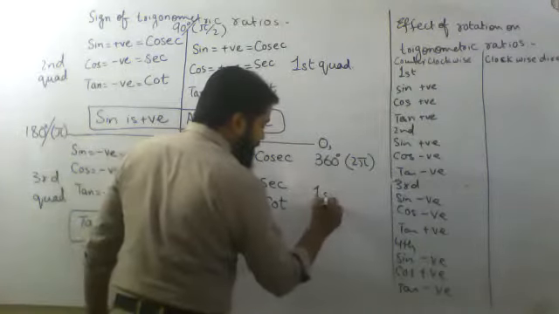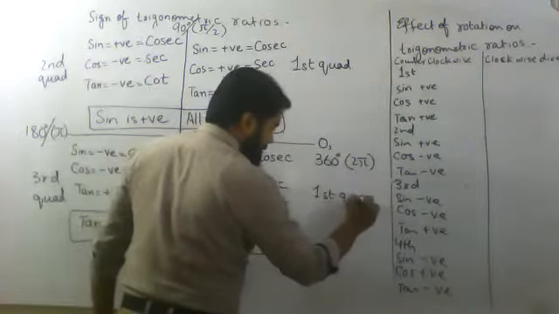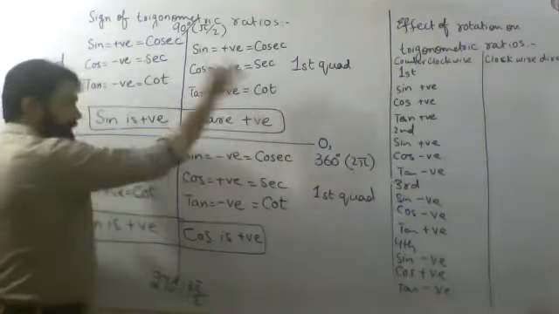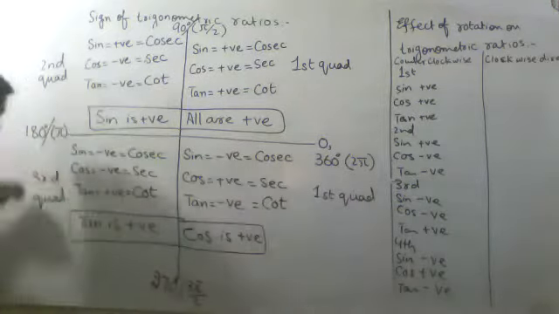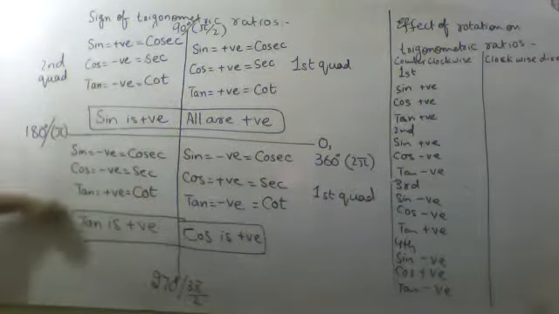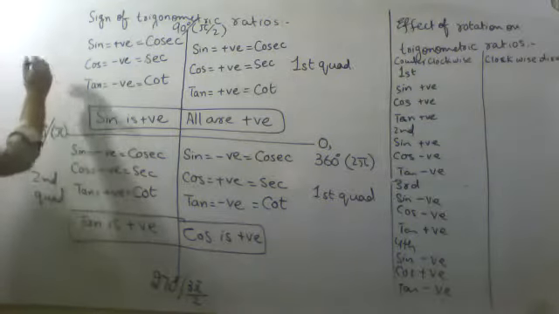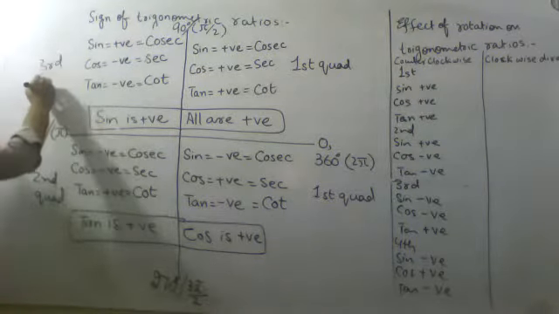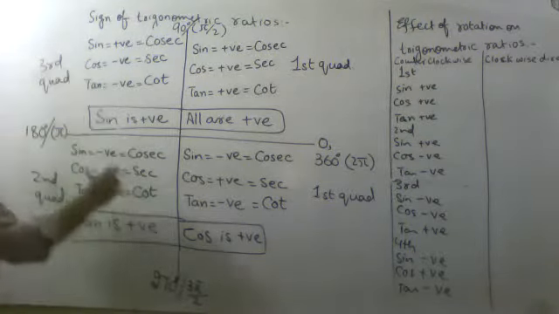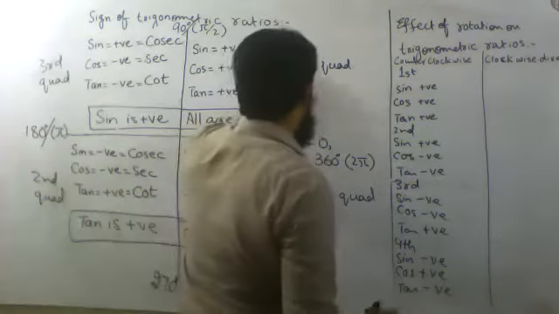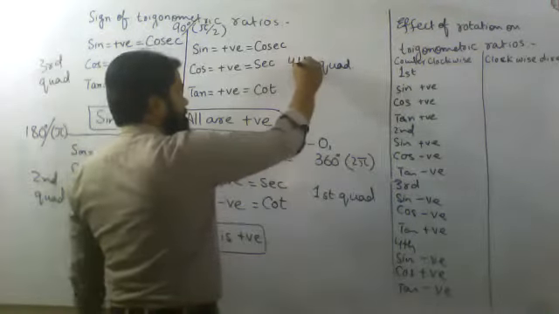This will be your first quadrant because you will be moving in this way. This will be your first quadrant. This will be your second quadrant. This will be your third quadrant. And this will be your fourth quadrant.